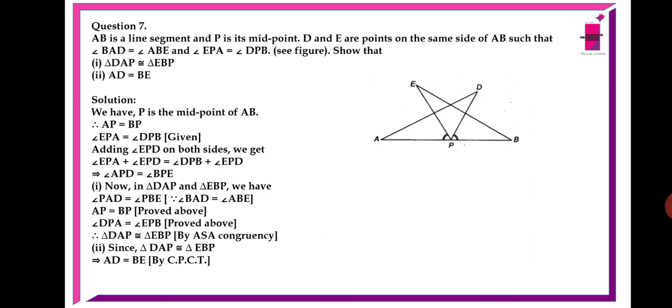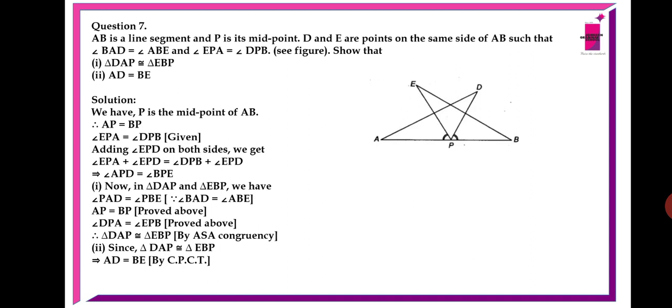AP equal to BP, we have proved above, as P is the midpoint of AB. And angle DPA equal to angle EPB, this is also proved above. Therefore, triangle DAP is congruent to triangle EBP by angle side angle congruency rule.